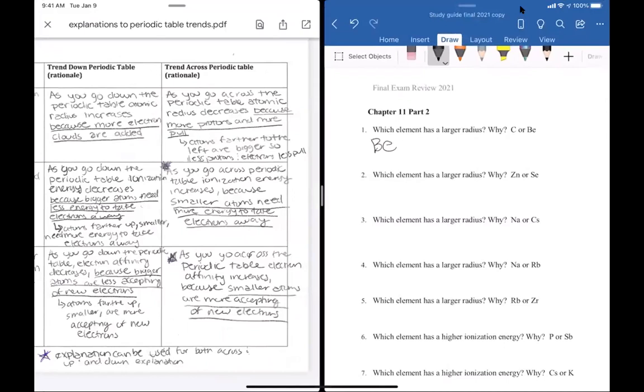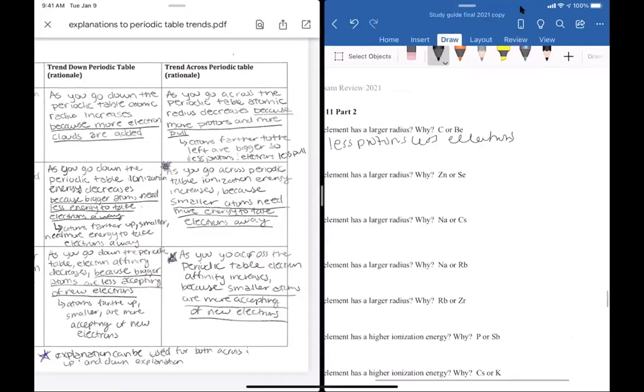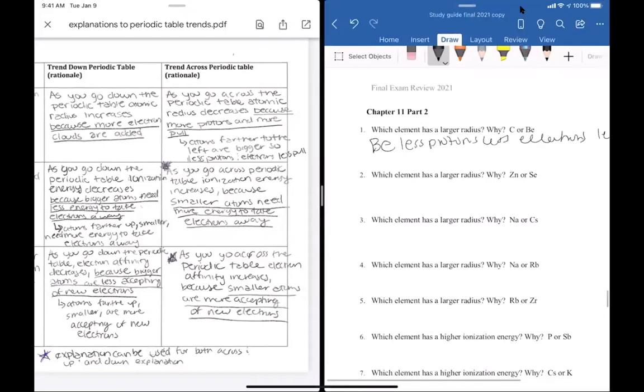If I want to say that BE is bigger, then I'm going to use the explanation at the bottom, the one that says atoms farther to the left are bigger, so there's less protons and less electrons, so there's less pull. So I would say less protons, less electrons, less pull. So this is why BE is bigger.